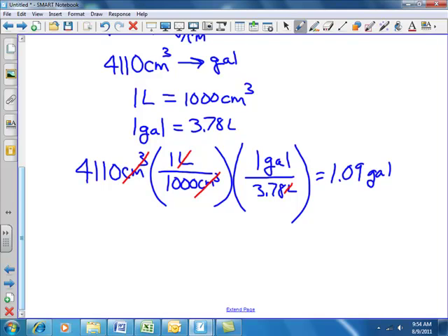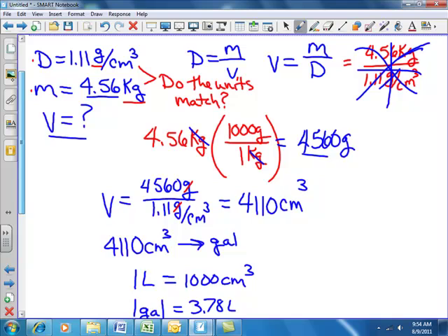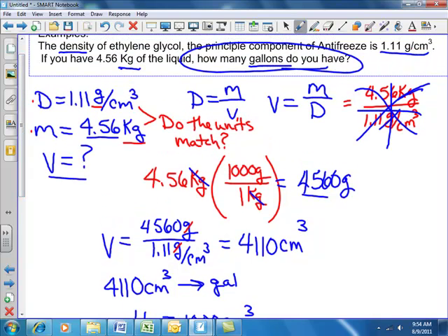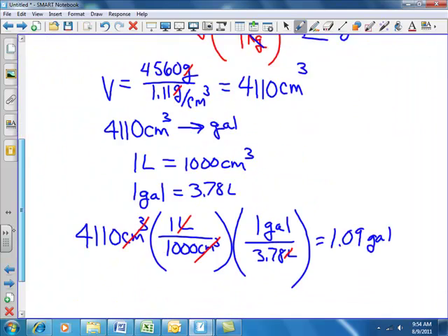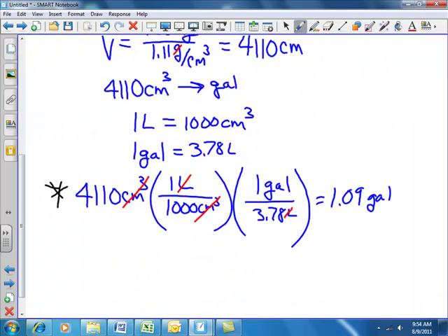So when I say density amplified, it's the same density equations. You're just going to have to think and do a lot of converting along the way.